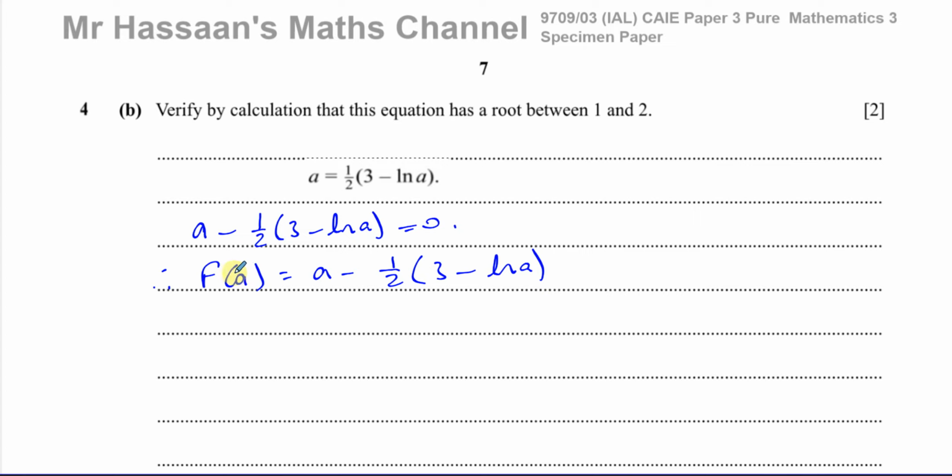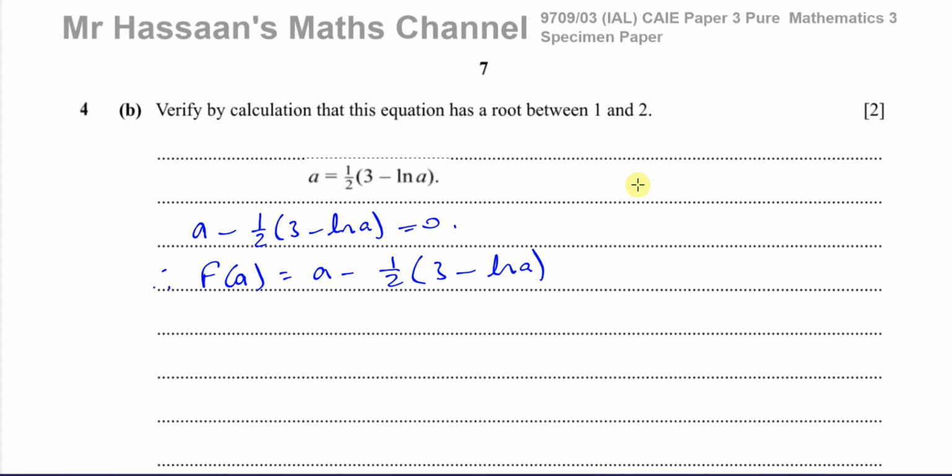Now I want to show that this equation has a root somewhere between 1 and 2. This is the same equation as this basically, as you can see. So I want to show that this is equal to 0 somewhere between a equals 1 and a equals 2.